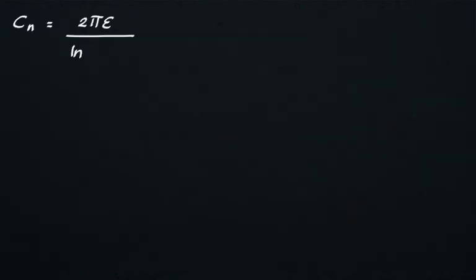So, let's start off with Cn. It's 2 pi permittivity over ln of D over r. Since it's three-phase, what we look for is the capacitance to neutral, so that is what we're going to use, Cn.